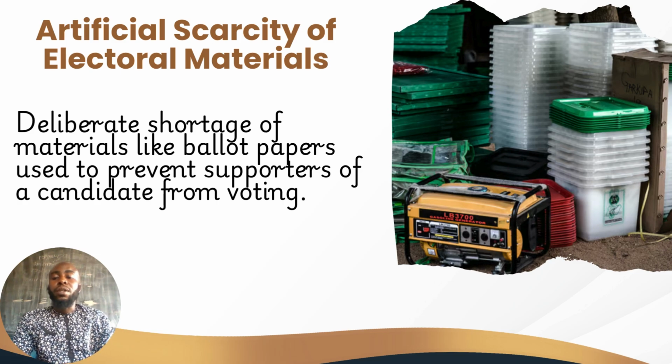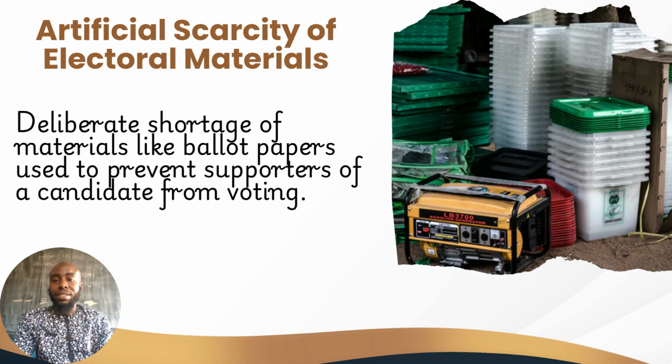Another form of electoral malpractice is artificial scarcity of electoral materials. Now, this happens when electoral materials are actually being provided by INEC, but some people, because they want their own candidates to win by all means, hoard these materials and make them scarce on the day of election.